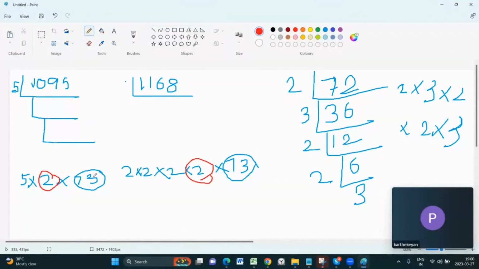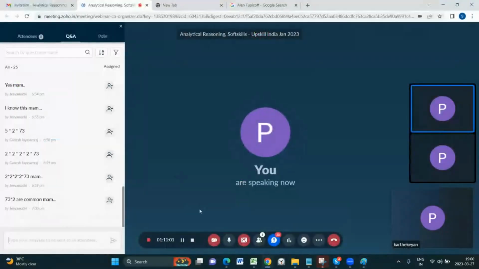Very good. Of the two common factors, which is the highest? 73 is the highest. Agreed, understood? Which is the highest common factor?